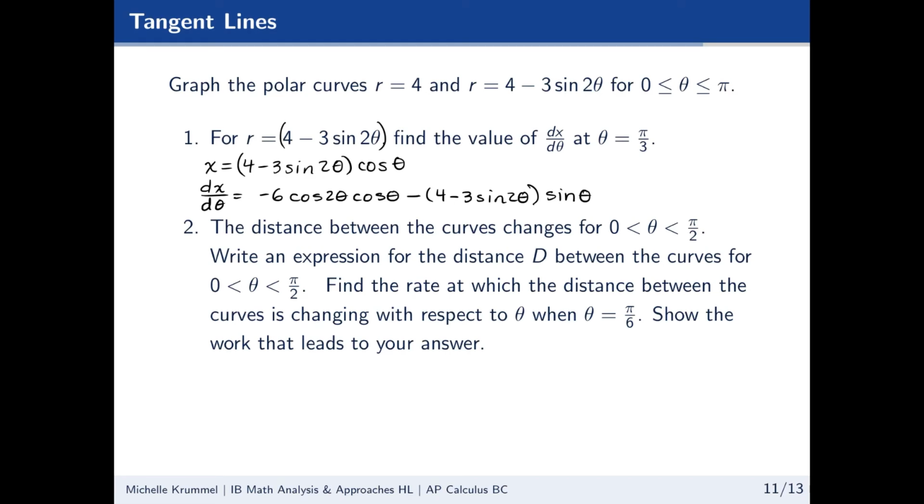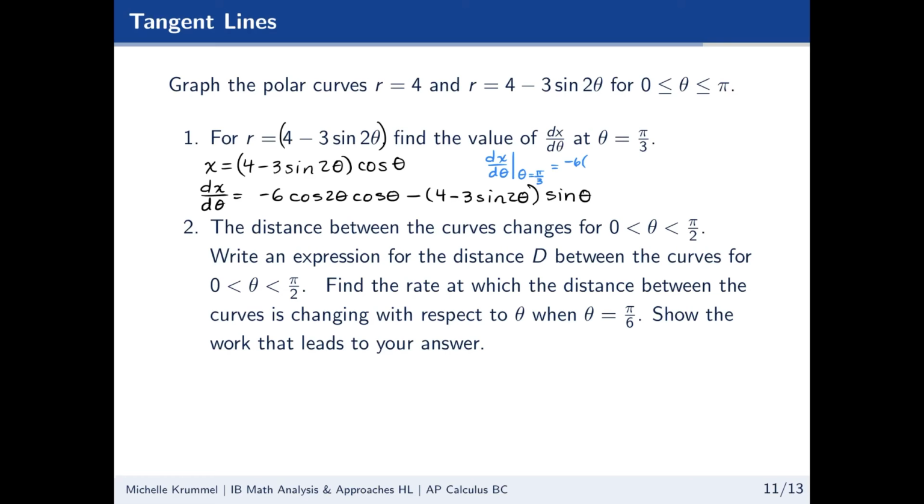Okay, now we just have to substitute pi over 3 in for theta. So dx d theta at theta equals pi over 3 equals negative 6 times the cosine of 2 pi over 3.